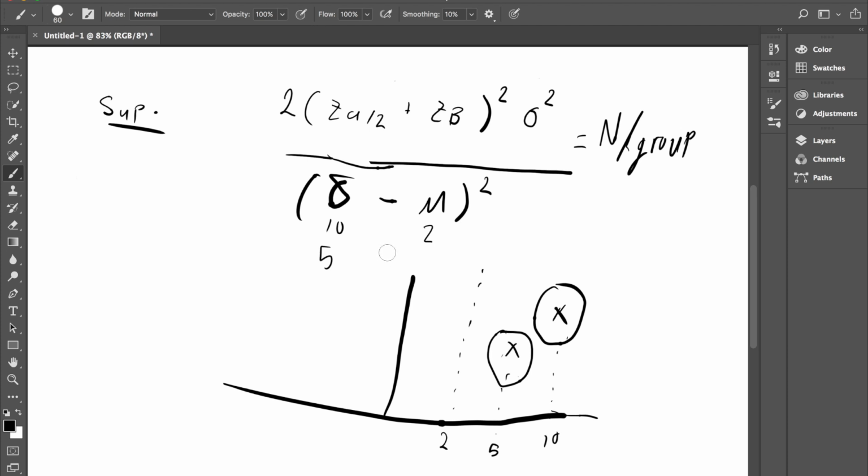Actually, let's do the calculation. I have 10 minus 2, which is 8, and I have 5 minus 2, which is 3.